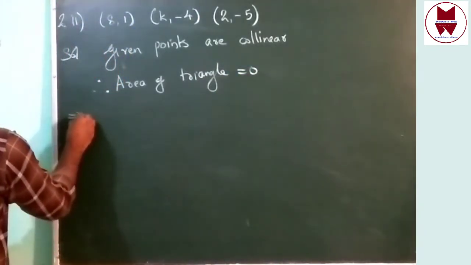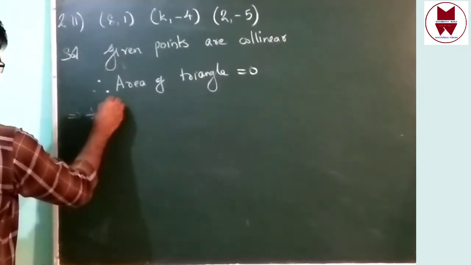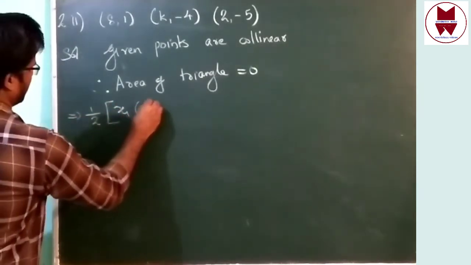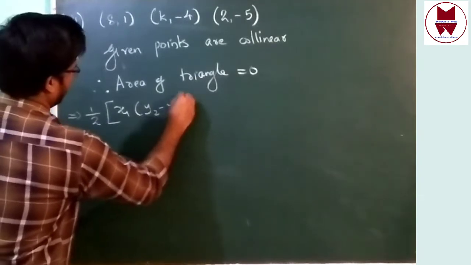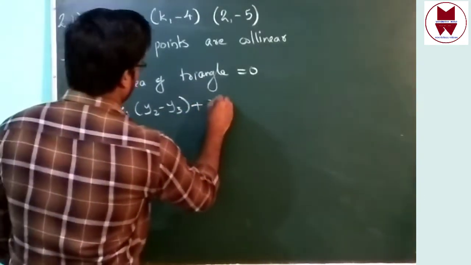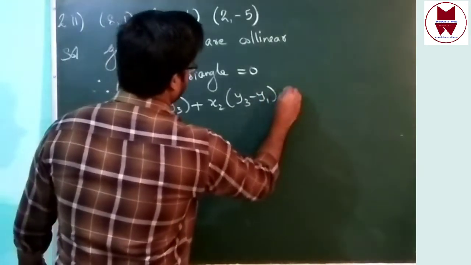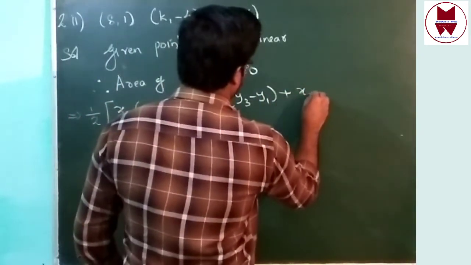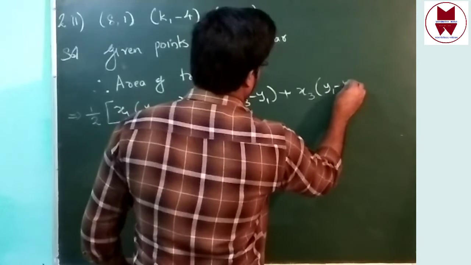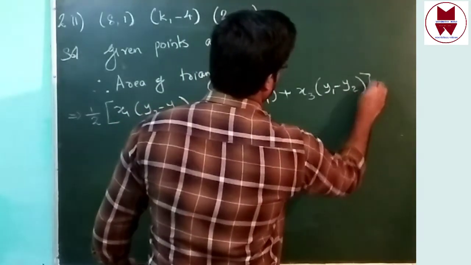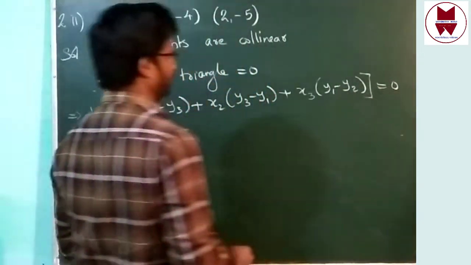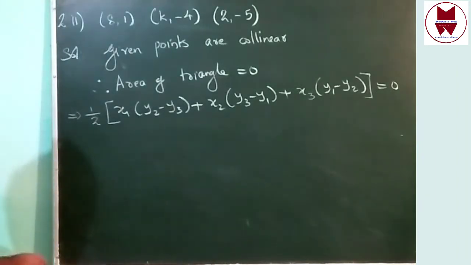Area of triangle we can write 1 by 2 into x1 y2 minus y3, x2 y3 minus y1 plus x3 y1 minus y2 equal to 0. This is the formula for area of triangle.